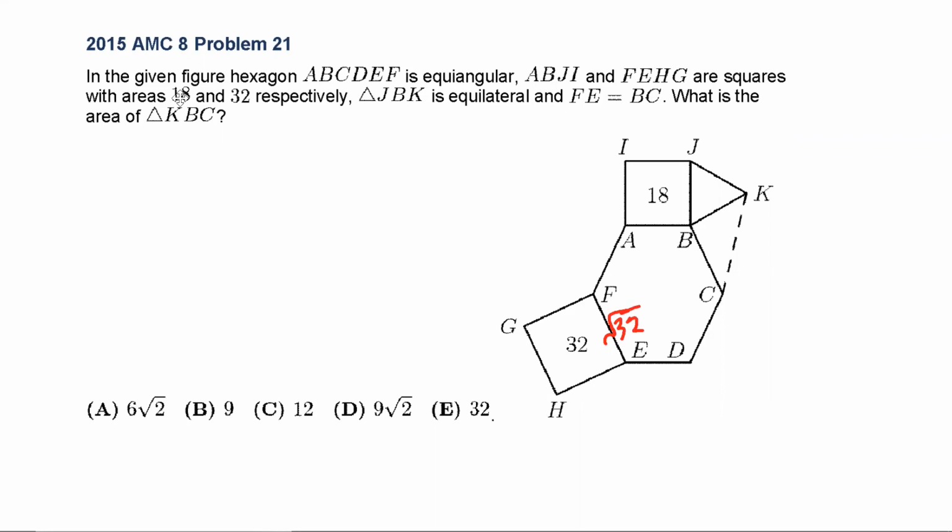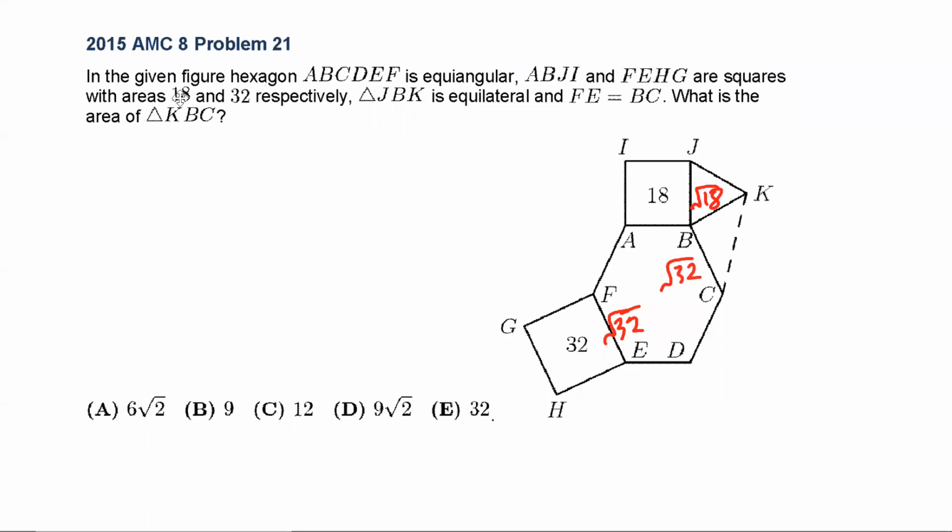Now they also tell us that IJBA is a square and JBK is equilateral. So since the area is 18, the side length is square root of 18, which also means that BK is the square root of 18. So BC is also root 32 since it's equal to FE.